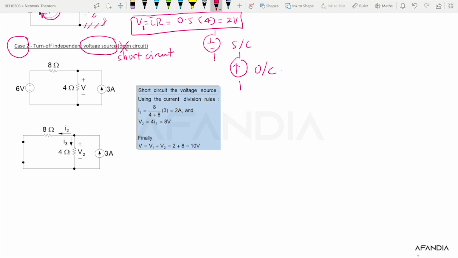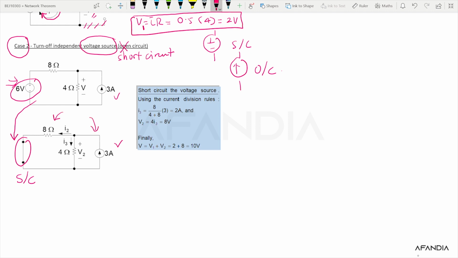So this is the original circuit, and you see this is your 6 volt. Now we turn it into a short circuit, and we retain the 3 ampere source over here. Due to this circuit, we have this part as well as this part.